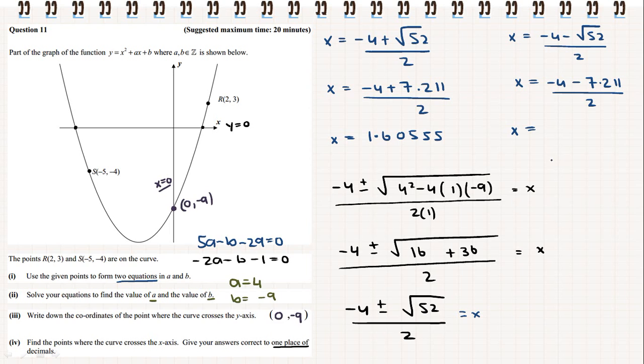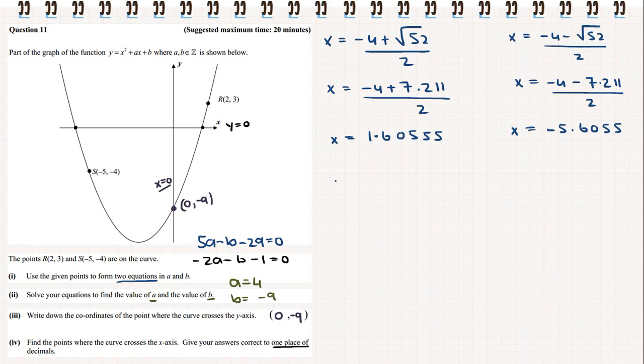Divided by 2, we're going to get minus 5.6055. So now we'll round our answers. One of our x values is going to be 1.6 and the other is going to be minus 5.6. Again, they want us to find the points where the curve crosses the x-axis. So one of our points is going to be (minus 5.6, 0) and the other point is going to be (1.6, 0).